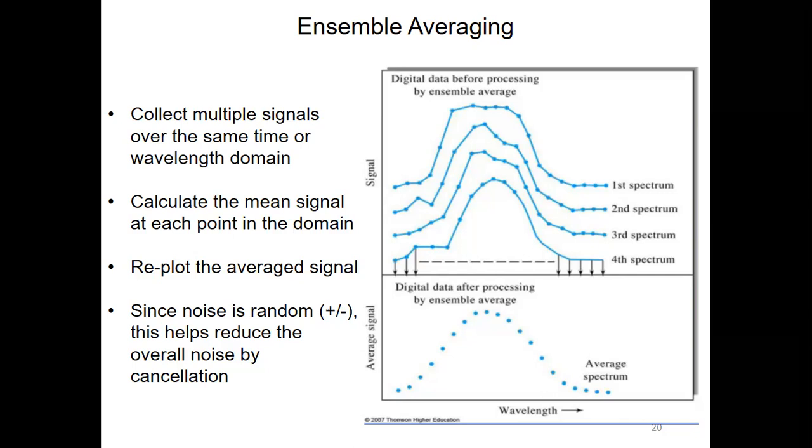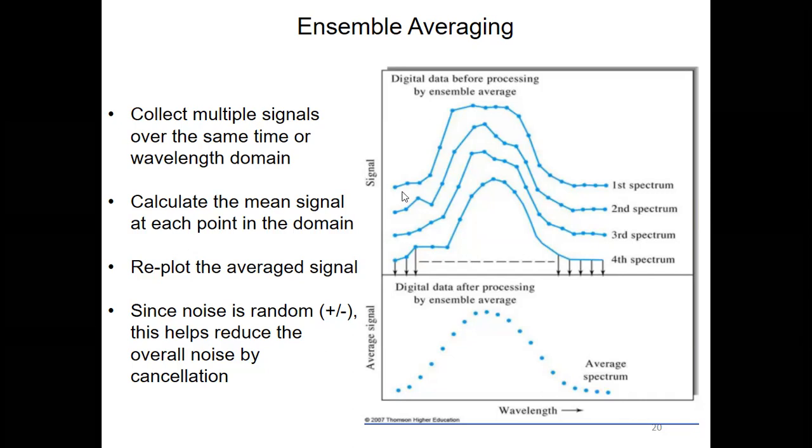We take 3 or more spectra, and the computer will average those spectra for us, and at the end we will get the average spectrum. So it is a kind of ensemble averaging. It is a software method.